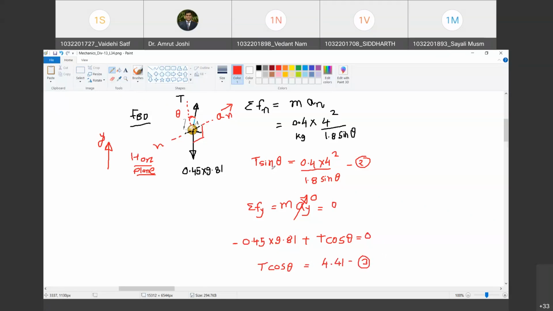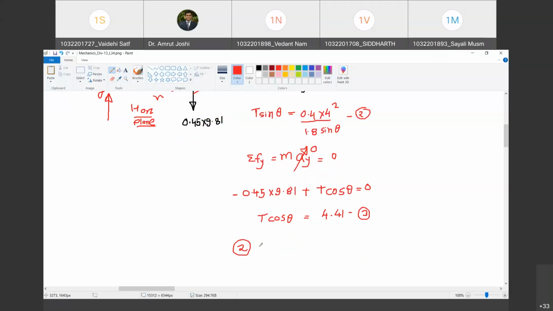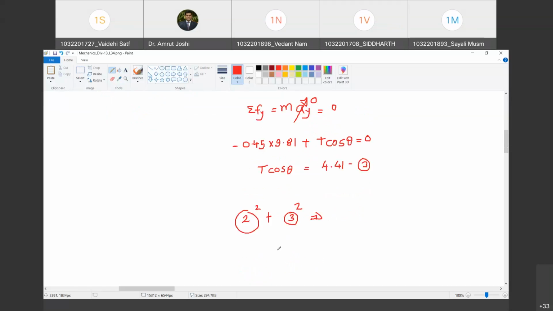Now if I divide 2 by 3. Okay, no problem. Instead of dividing 2 by 3, what I can do is 2 square plus 3 square. This implies, what will it be? It is going to be equal to T square.